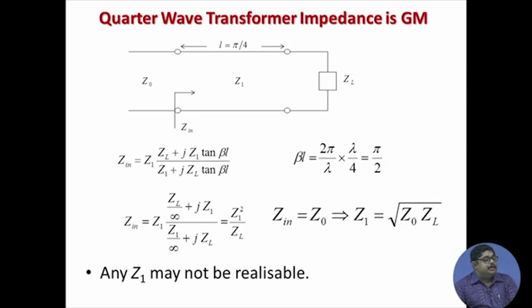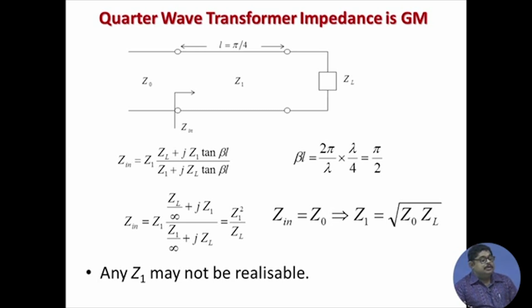Now, this is the mathematics of the quarter wave transformer. We write the expression for Z in, the input impedance of a transmission line of length lambda by 4 terminated by ZL, and equate it to Z naught. From that we solve for the quarter wave transformer characteristic impedance Z1.